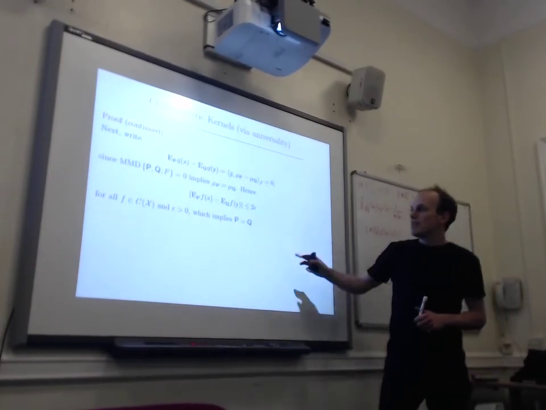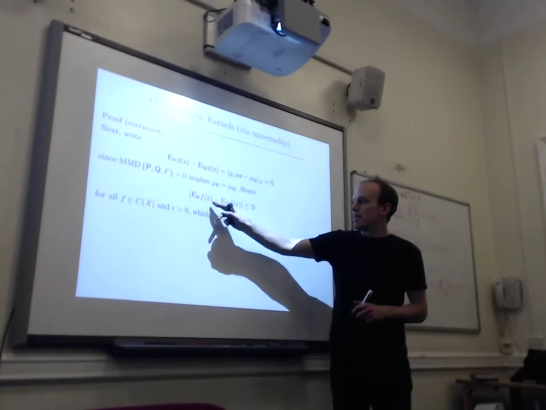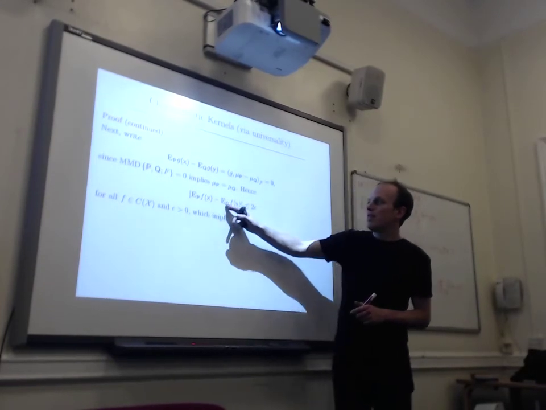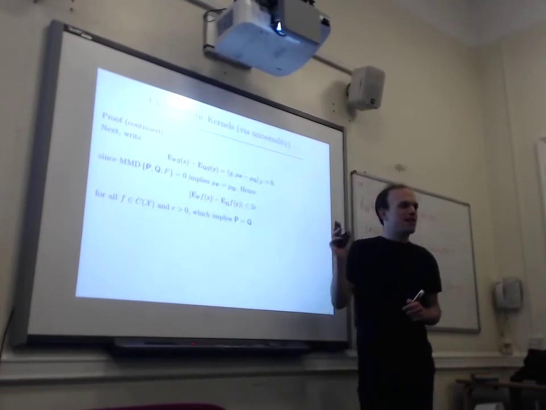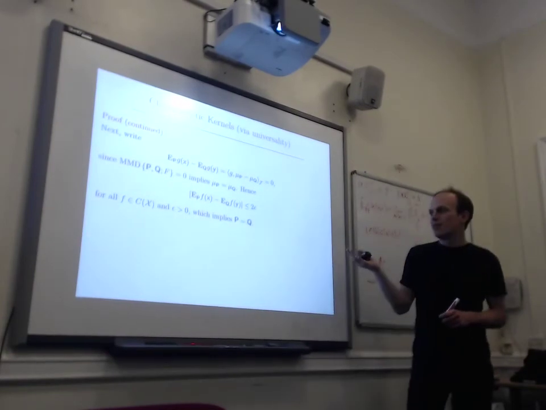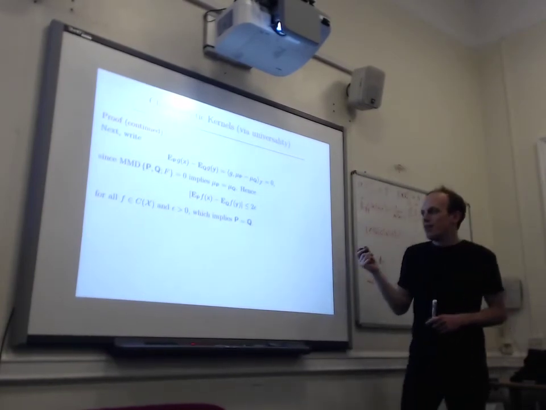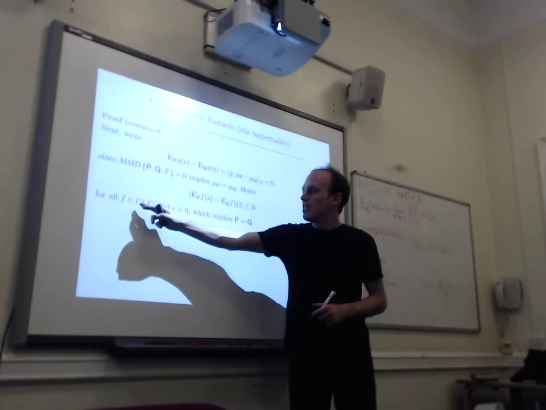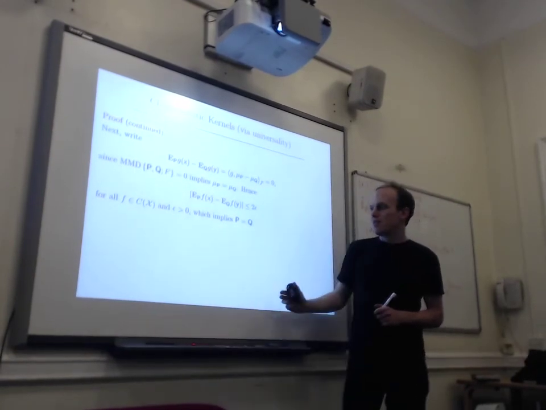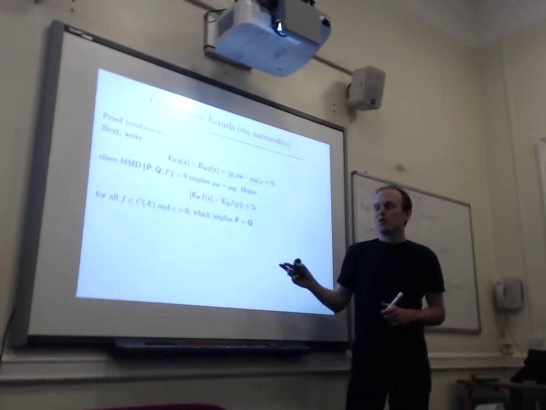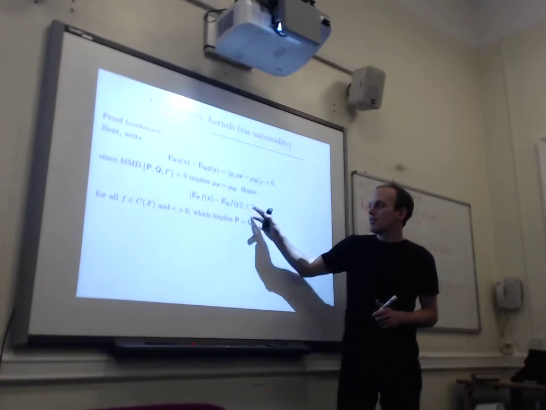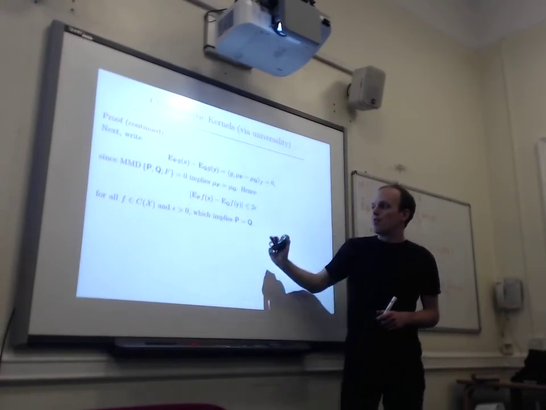So that means that my difference in expectations of these bounded continuous functions under p and q is less than or equal to 2 times epsilon. Okay? And this is true for all of the bounded continuous functions. And this is also true whatever epsilon I choose, this has to hold. Okay?